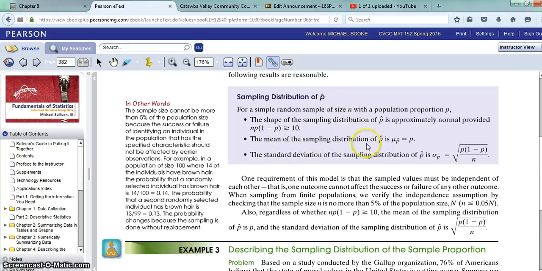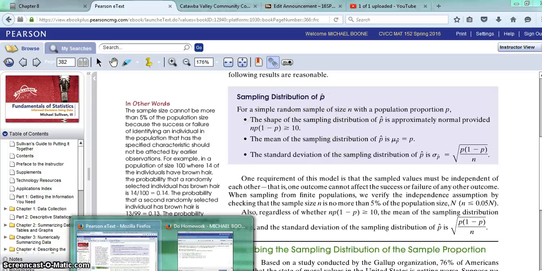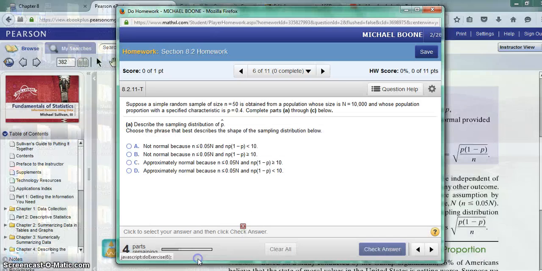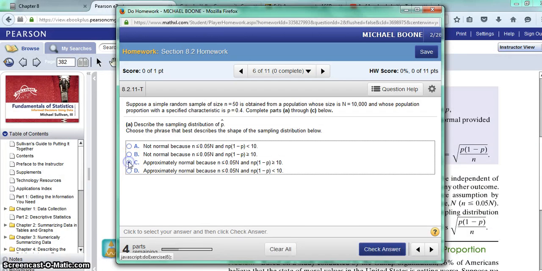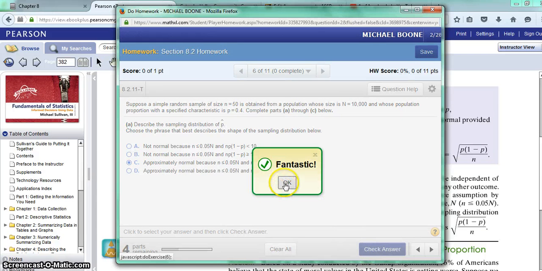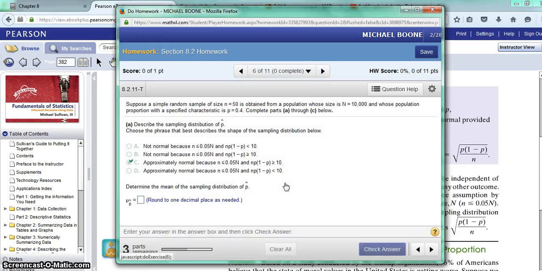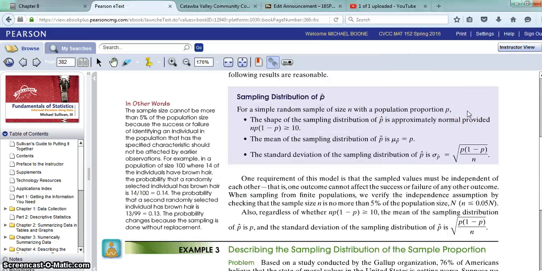So these are the things that we're looking at for this section 2. That's why we'll say it is approximately normal. And that means now we can find the probabilities, everything else, because of those two conditions being met.